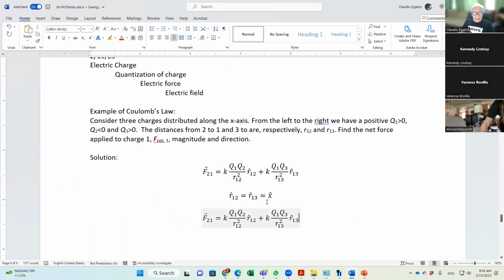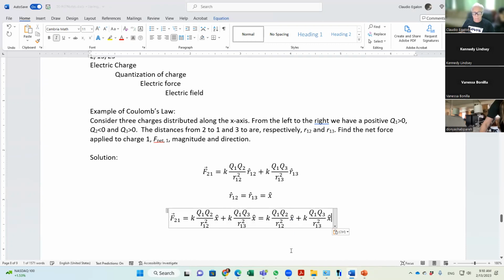When we do that, we can replace R hat 12 and R hat 13 right here, and we start to get a simpler equation. I'm going to put KQ1 in evidence. And I'm also going to put x hat in evidence because those are common factors.